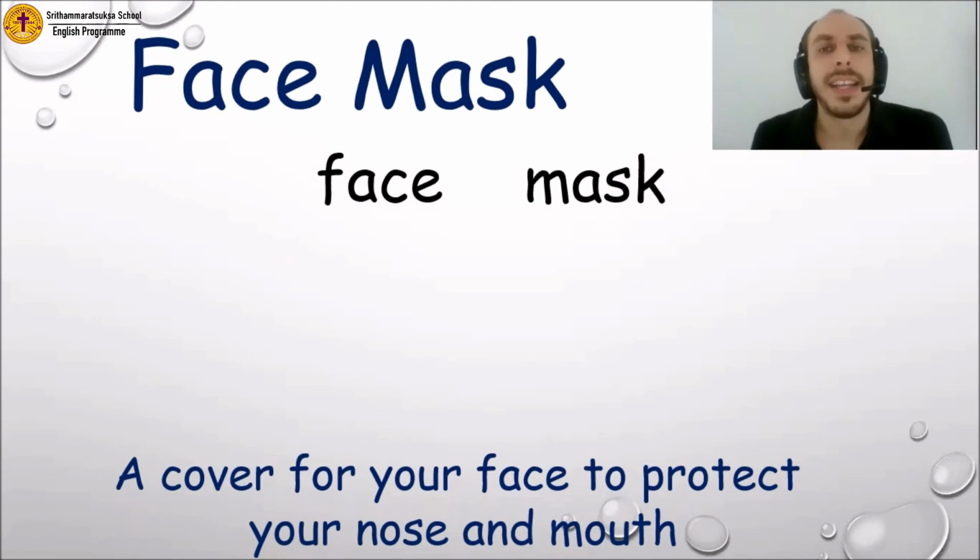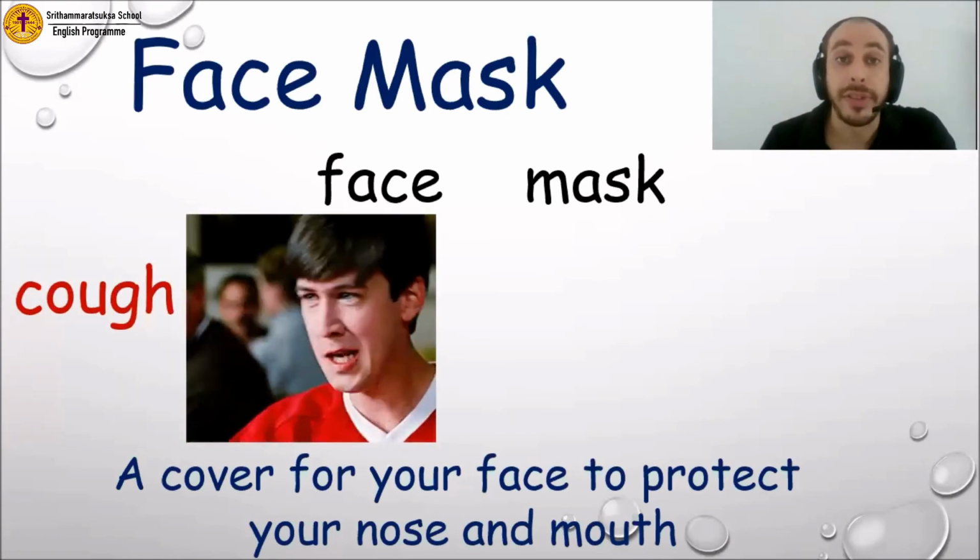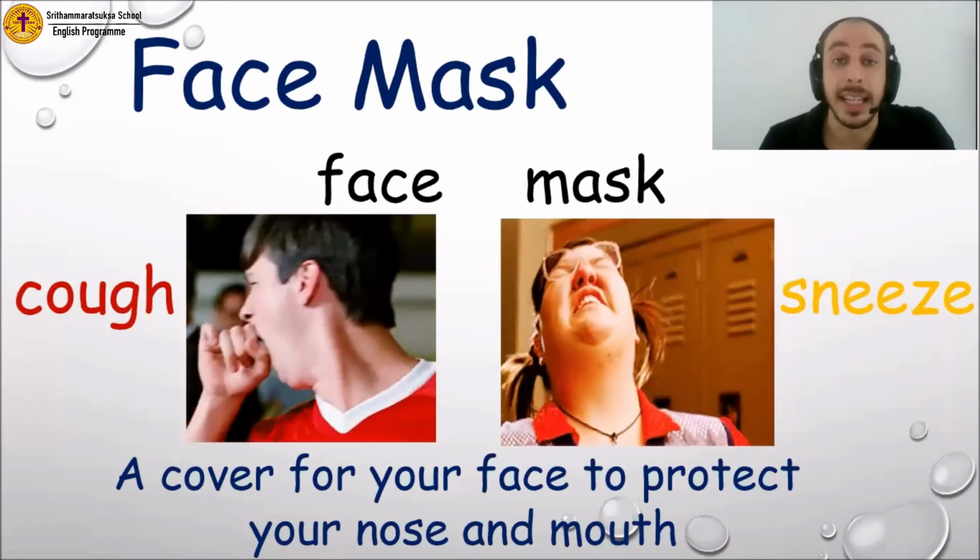But if a virus lives inside our body, why do we need to protect our nose and mouth? They're holes that go into our body. Okay, they're the 2 easiest places for the virus to get in. Okay, especially if we're doing 2 things: cough and sneeze.